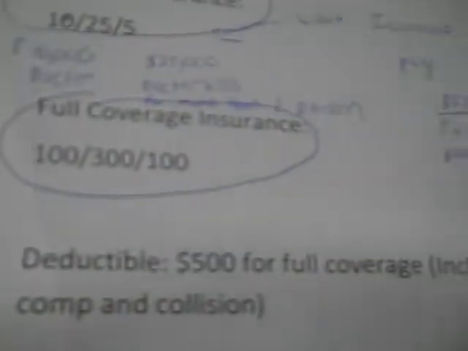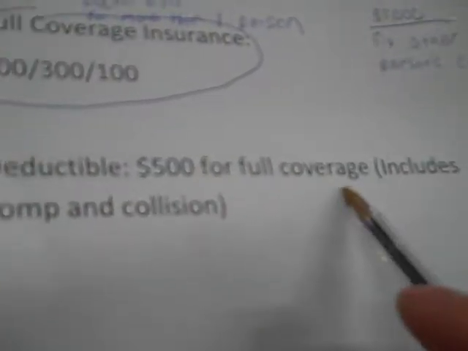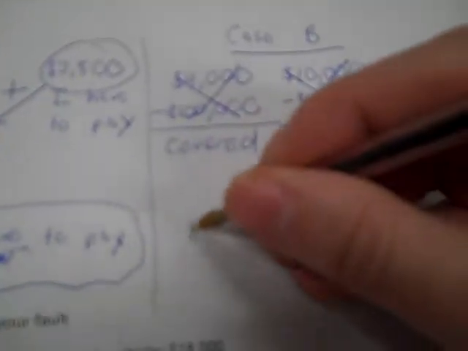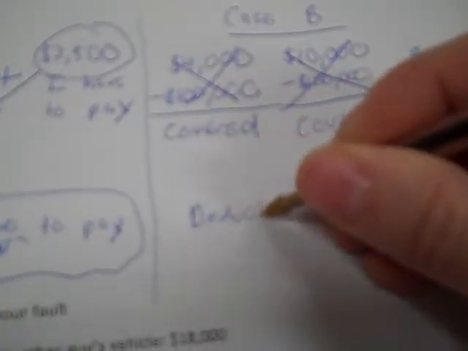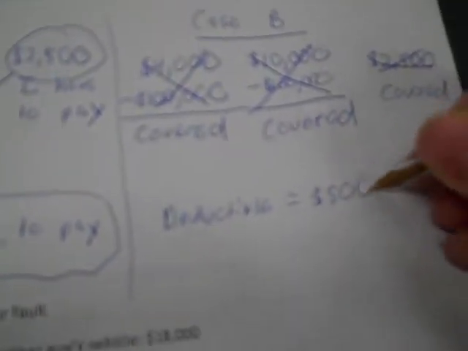And then under full coverage, anytime you're paying full coverage, your own car's covered too, okay? So everything's covered, but you do have to pay a $500 deductible, okay? So I pay my deductible, which is $500, okay?